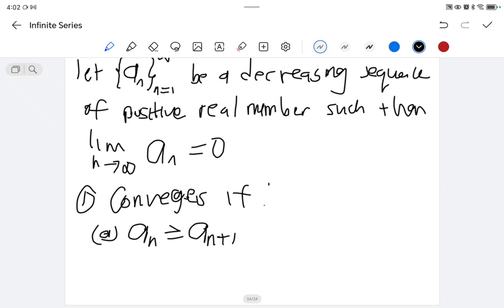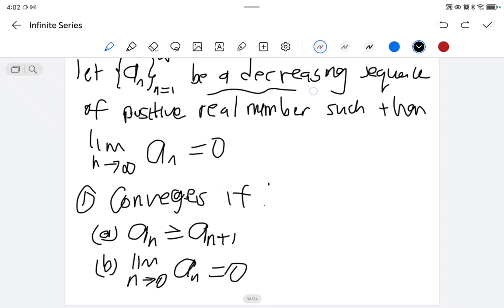And then the second condition, we should look at the limit. The limit of a of n should be equal to 0, which is the one specified here. Because first we said let this be a decreasing sequence, and for a decreasing sequence we know this, right? So that's the case for a decreasing sequence.